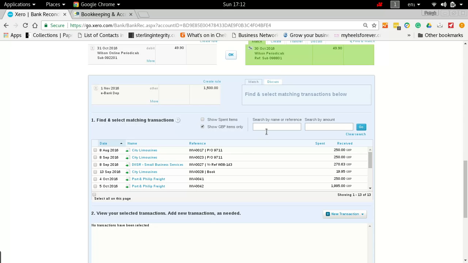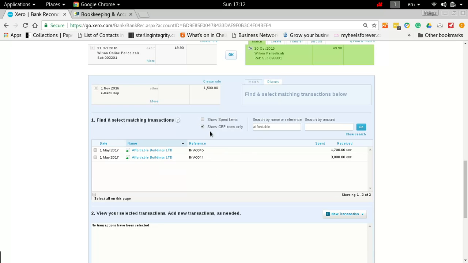Now if we put, we've got two invoices for them. That was my previous one, just messing about. Okay, we want to pay this one. As we see, our invoice is £1,700.